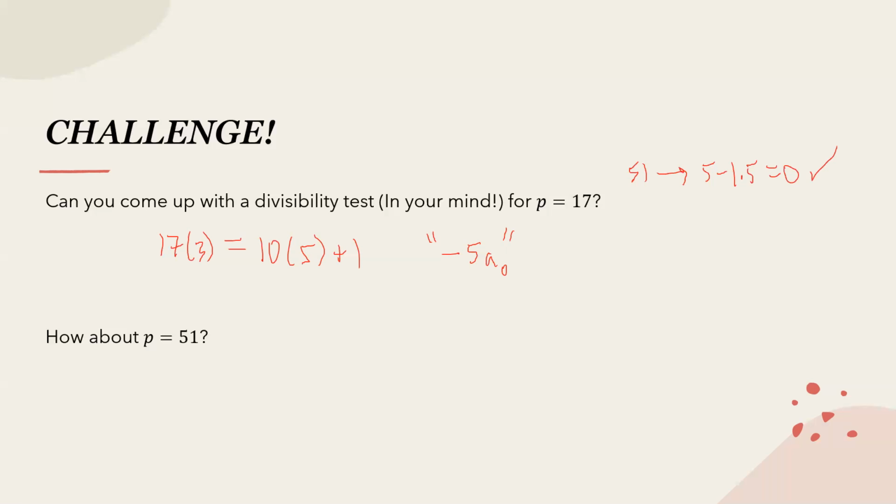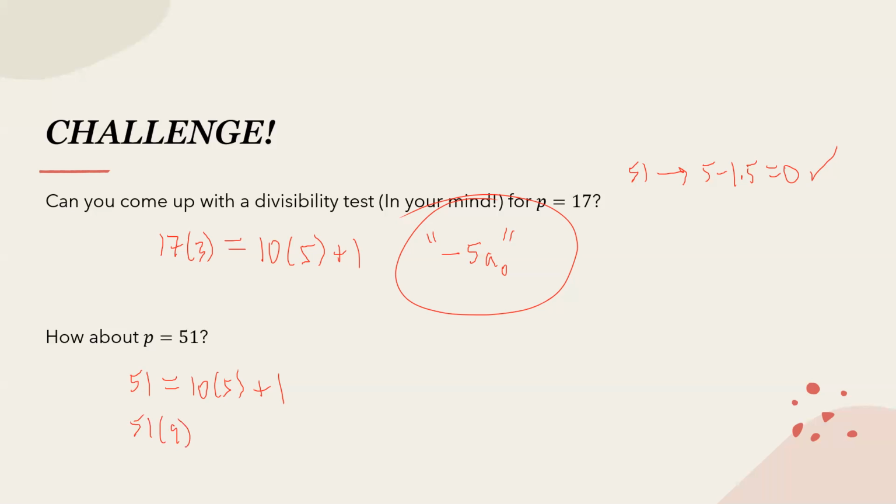Well, what about 51? A little less interesting now that we've done that one. 51 is 10 times 5 plus 1. It's the same test. Yes. But you could come up with other ones, couldn't you, if you really wanted to? For instance, you could say something like 51 times 9.